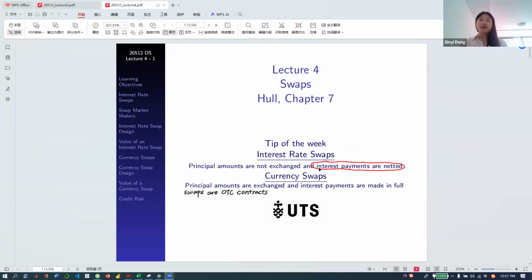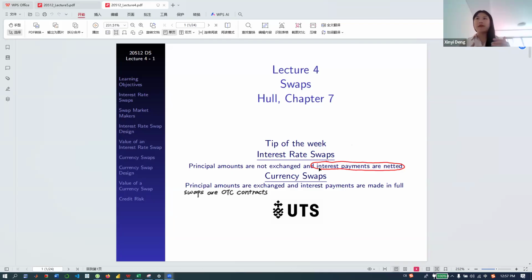So if we look back at that fixed for floating example, you are basically comparing your fixed interest payment with the other party's floating interest payment, and then you just calculate the difference.